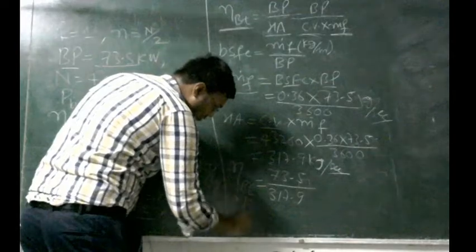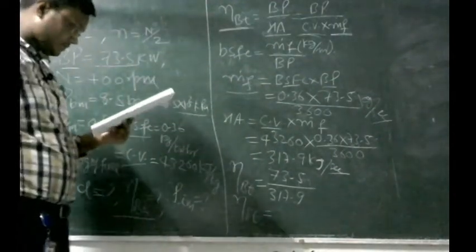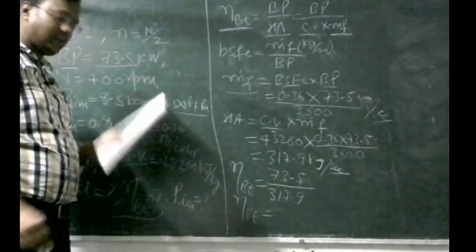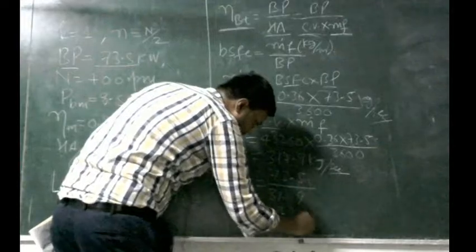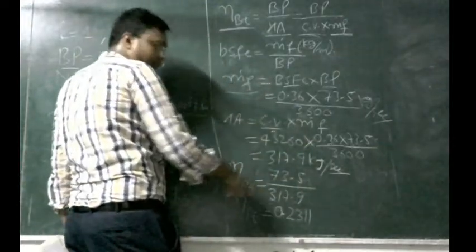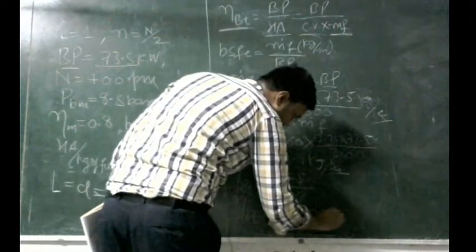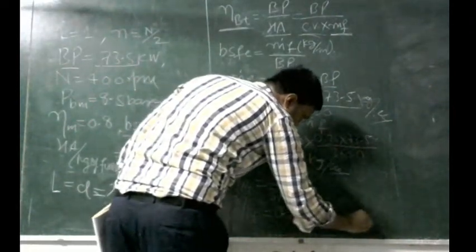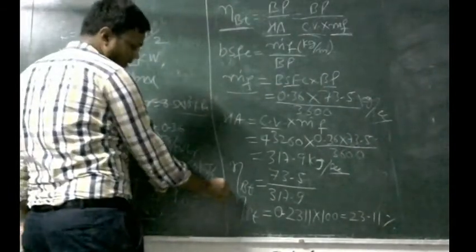So we get the answer eta BT equal to 0.2311. Okay, we have to convert this into percentage, so multiply by 100. So we get the answer equal to 23.11%. Okay, so here we got the answer.